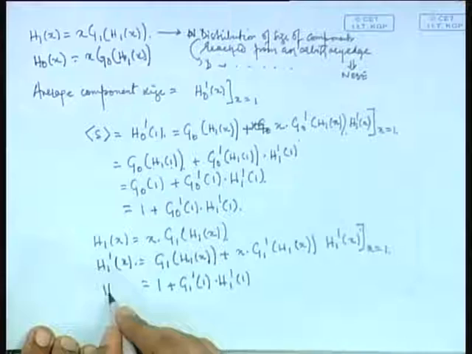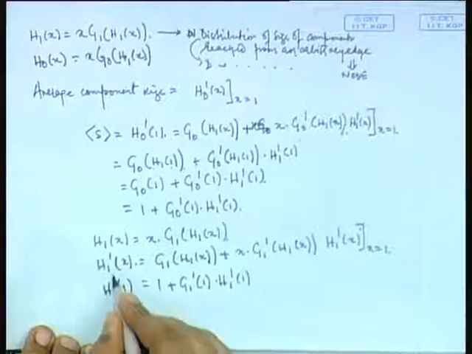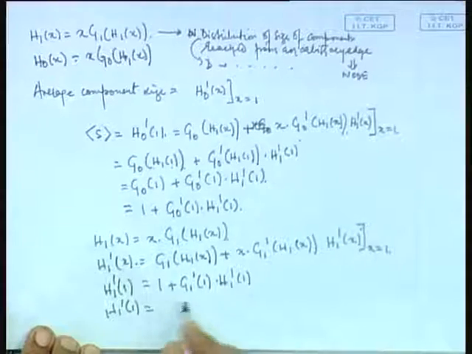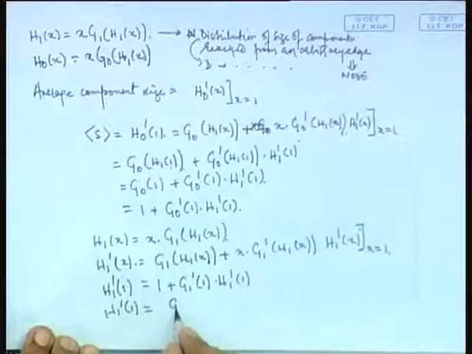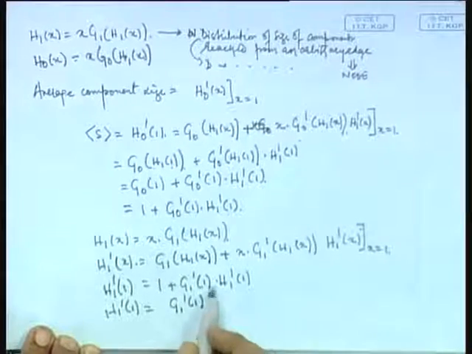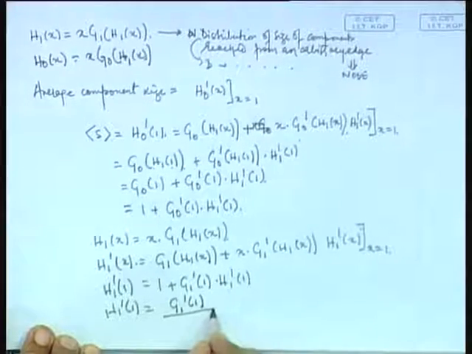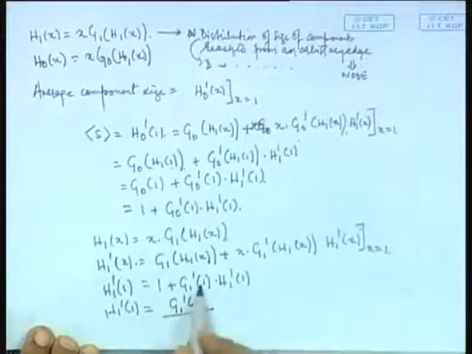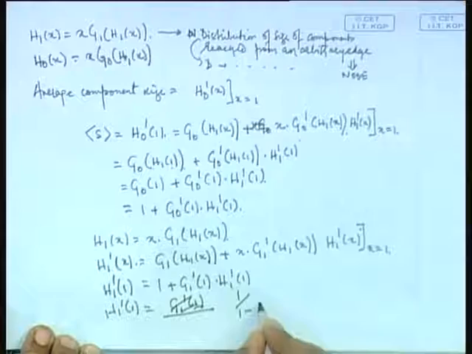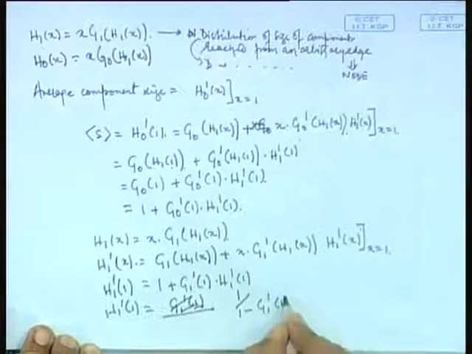So, I write H1'(1) becomes this: H1'(1) is 1 by 1 minus G1'(1).